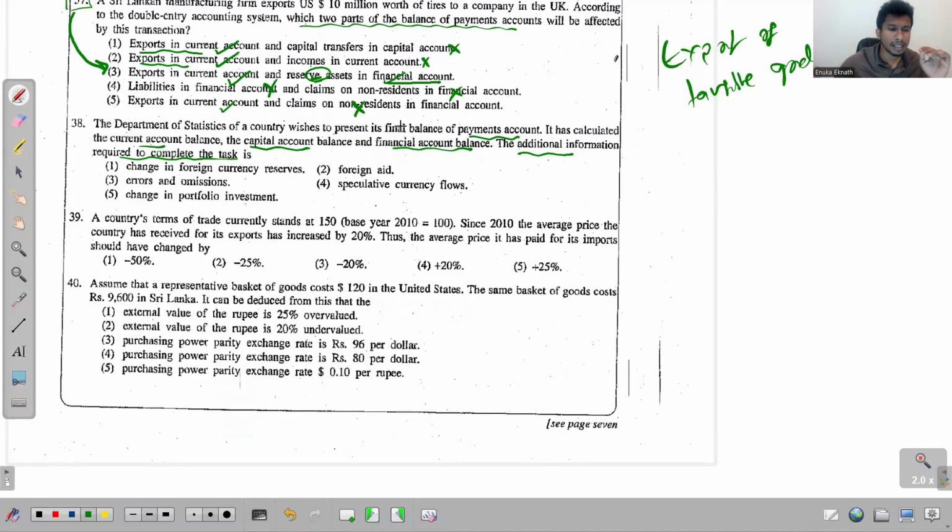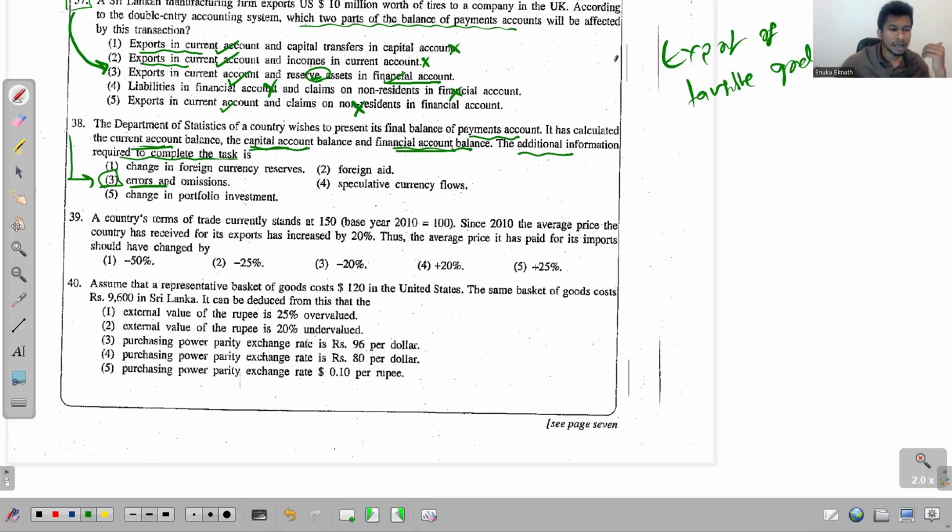They have already recognized the current account balance, the capital account balance, and the financial account balance, and one is still missing. And what's the missing one? I showed you. That's the errors and omissions account. So for this question 38, the third one is the answer. So no point of looking at the other ones, because if you see the real BOP, you can identify the answer easily.